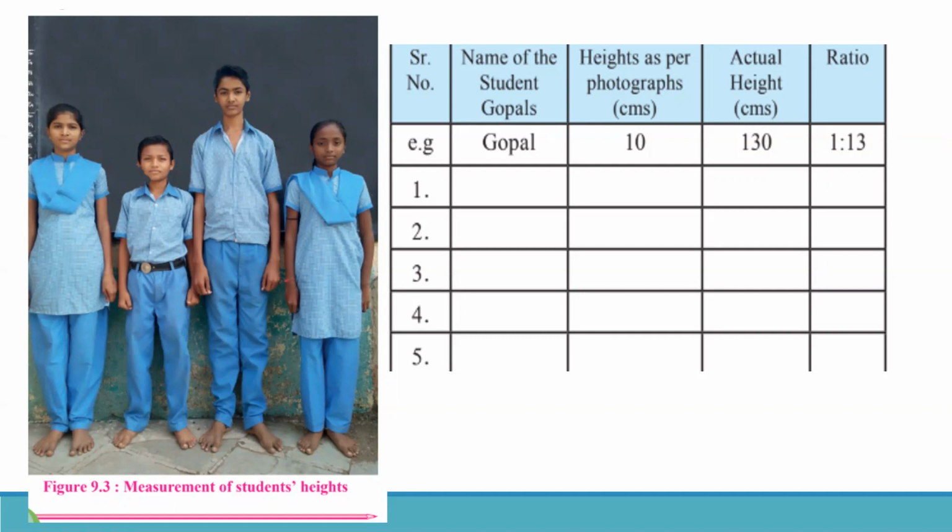Then drawing a picture of those children and keeping that photocopy of that picture or the actual picture. You can enlarge, you can reduce. On that basis, now we're going to make a proportion. We will see the height in the picture, the length or the measurement of the picture and the measurement of the actual height.